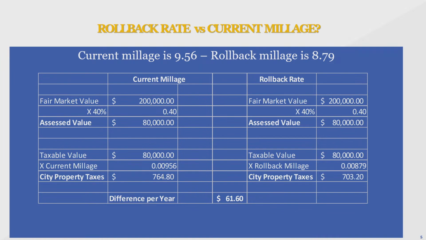If the city takes the rollback rate at a fair market value of $200,000 with an assessed value of $80,000, the rollback rate would be multiplied by the $80,000 at 0.00879, or 8.79%, and the tax bill would equal $703.20. This would be a difference of $61.60.